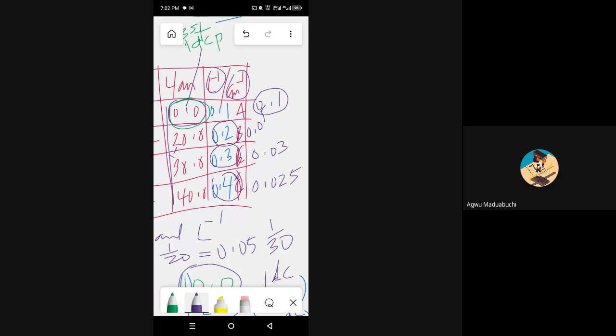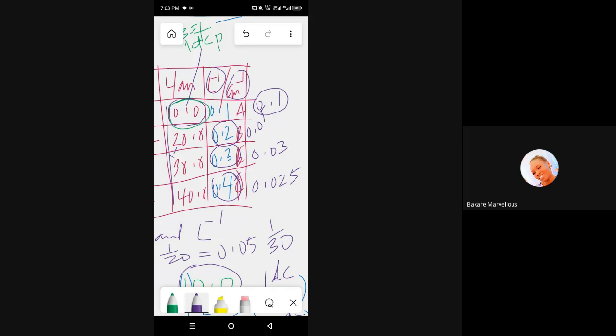How many SF? 1 SF. So if you check, L 10.0 is how many SF? 3. The L inverse is how many SF? 1.